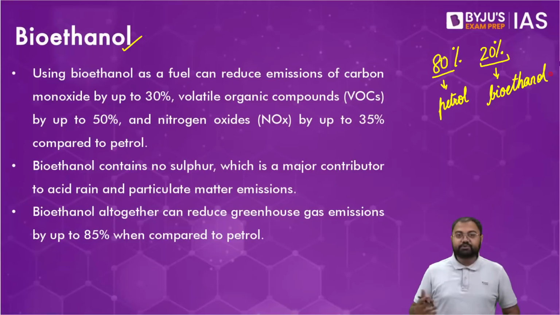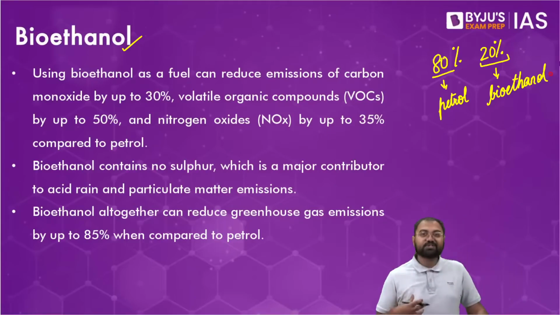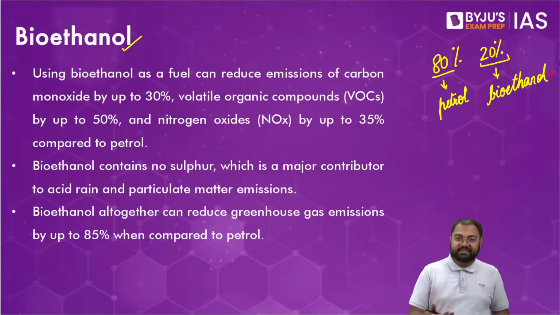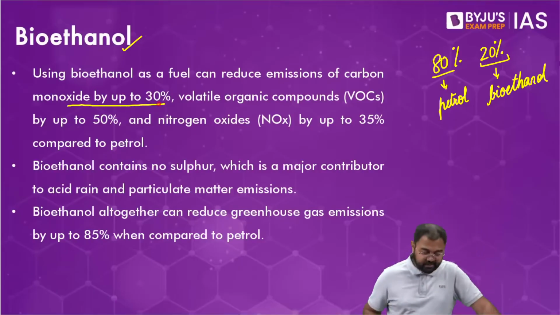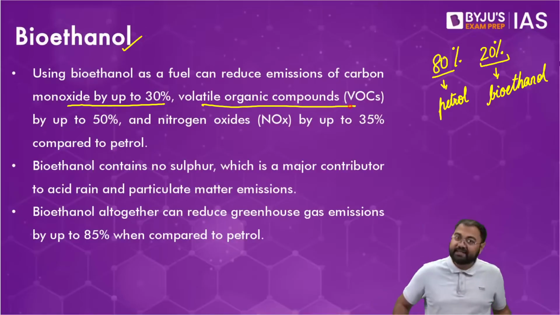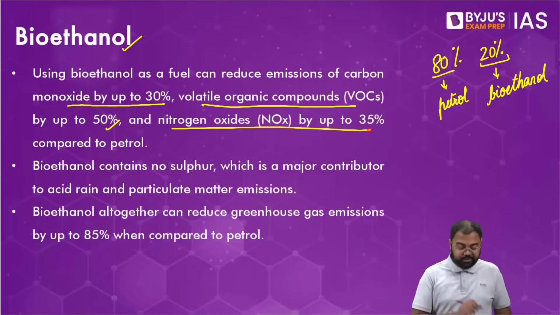Now, when it comes to bioethanol, obviously it also comes with its own advantages, and these are pretty similar to the advantages that we saw for biodiesel as well. For example, it can reduce carbon monoxide by up to 30%. It can reduce VOCs or volatile organic compounds by up to 50%, nitrogen oxides by up to 35%.